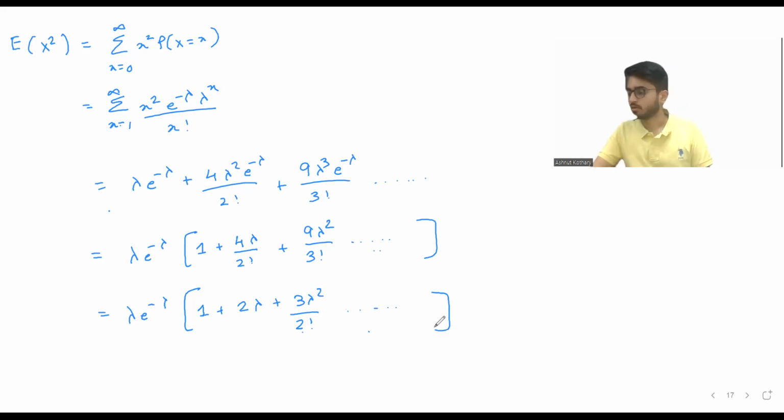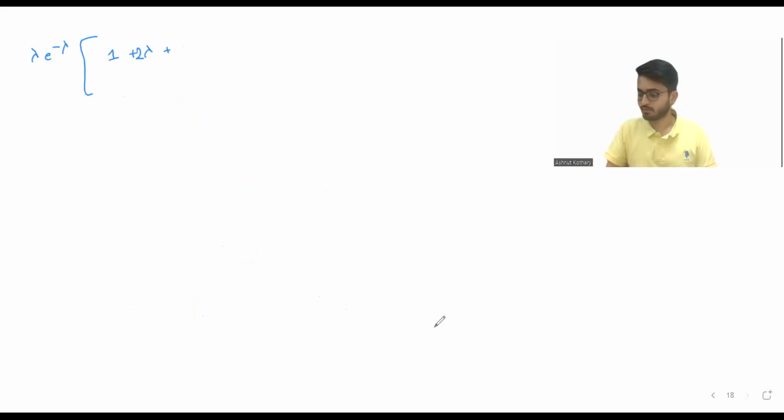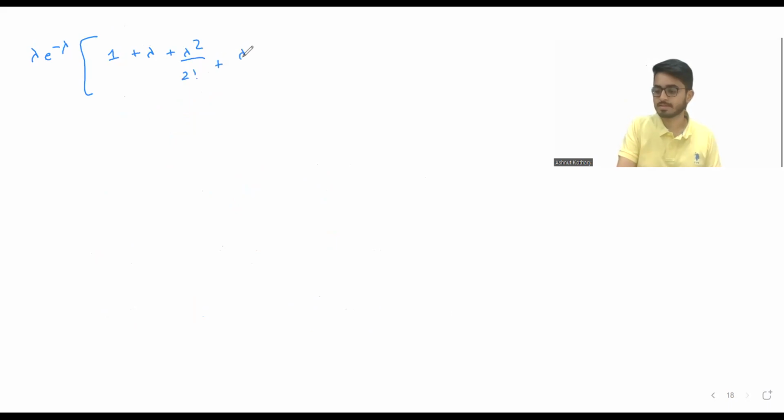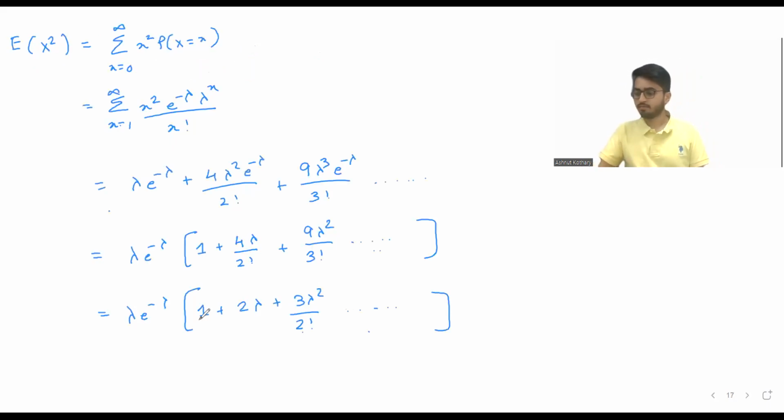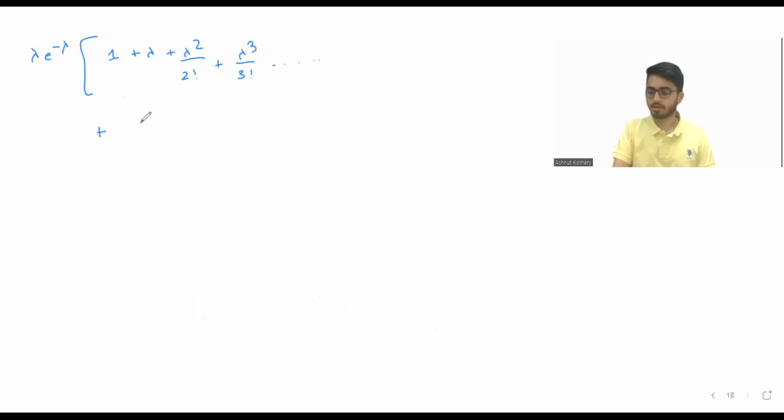So now in the next step, I will write 1 plus lambda square by 2 factorial plus lambda cube by 3 factorial, so on, plus I had a 1 there, I have 2 lambda plus 2 lambda square by 2 factorial.